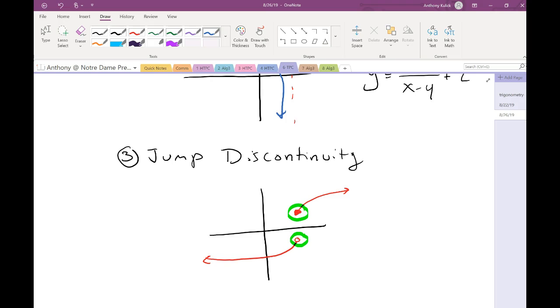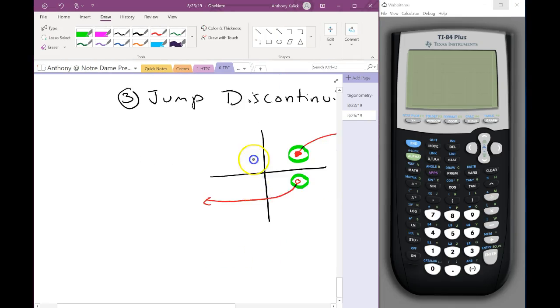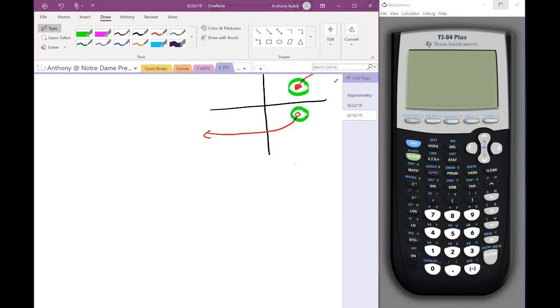Okay. So I'm going to just graph a few things on the calculator. And then we'll look to see what kind of discontinuity they are. Okay? So let's start by doing y equals 2 over (x squared minus 4).